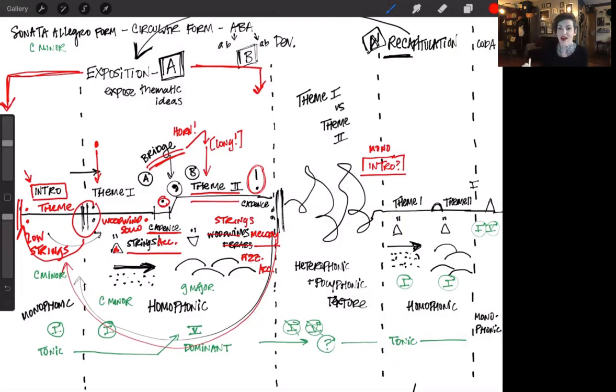We're coming into our cadence. And we're moving now into our development section.